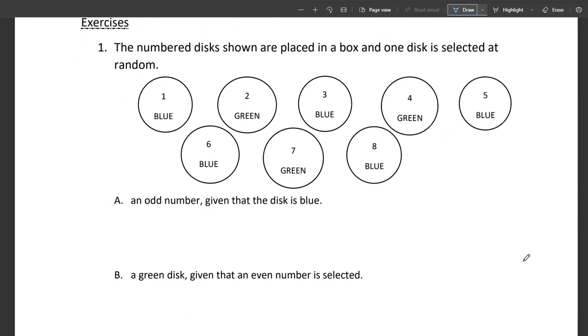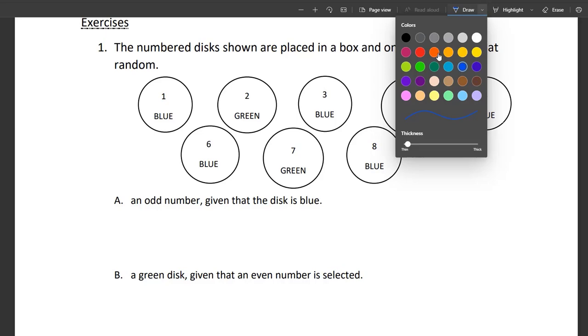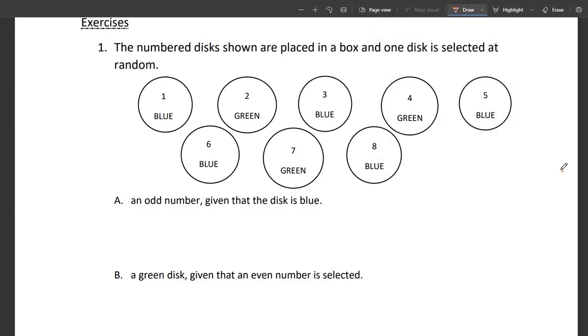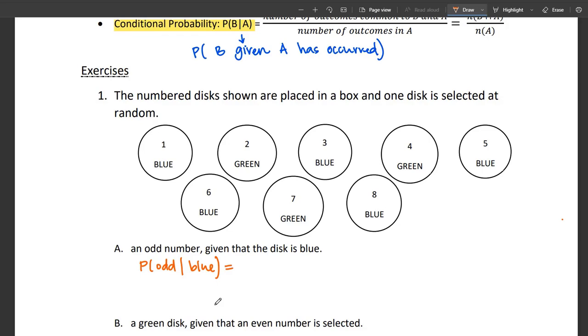So on our exercise, we have the numbered discs. They are placed in a box and 1 disc is selected at random. Okay, so we are going to find the probability of an odd number given that the disc is blue. So the way that this works, we are going to take the number of discs that are odd and blue, and divide by the number of discs that are blue.